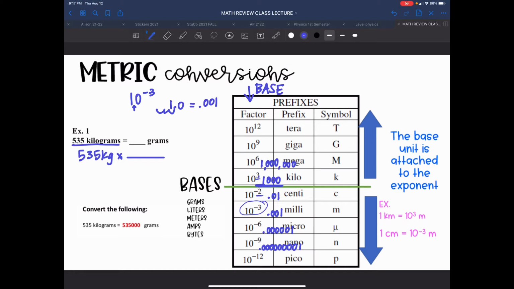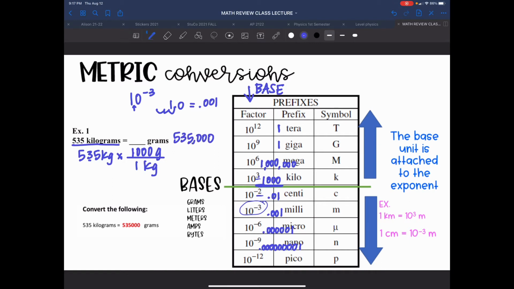Okay, all of these could really have a 1 in front of them. 1 terabyte, 1 gigabyte. So 1 kilogram is 1,000 grams. All right, we multiply 535 times 1,000, and you get 535,000.